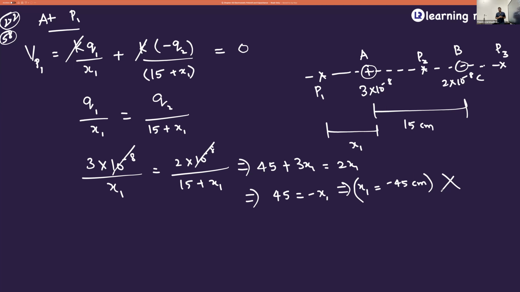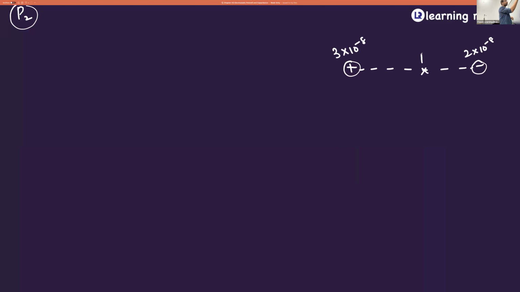Now, what about the point P2? This was 3 into 10 power minus 8. This was 2 into 10 power minus 8. If I take this to be P2, let me take this distance to be x2.